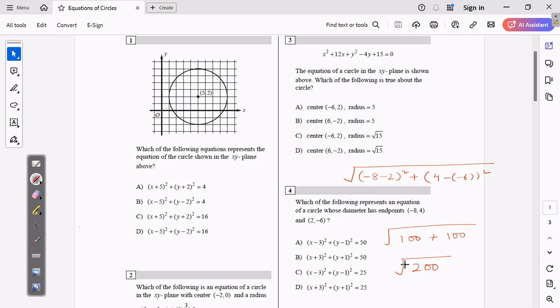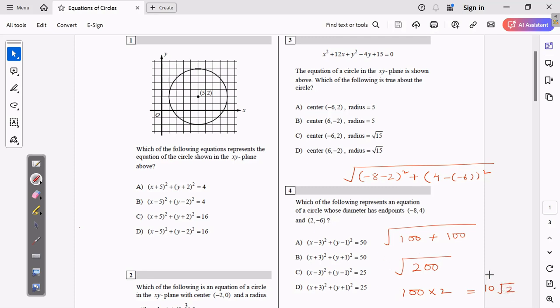Now, can we simplify the square root of 200? Could it be 100 times 2? So 10 root 2.